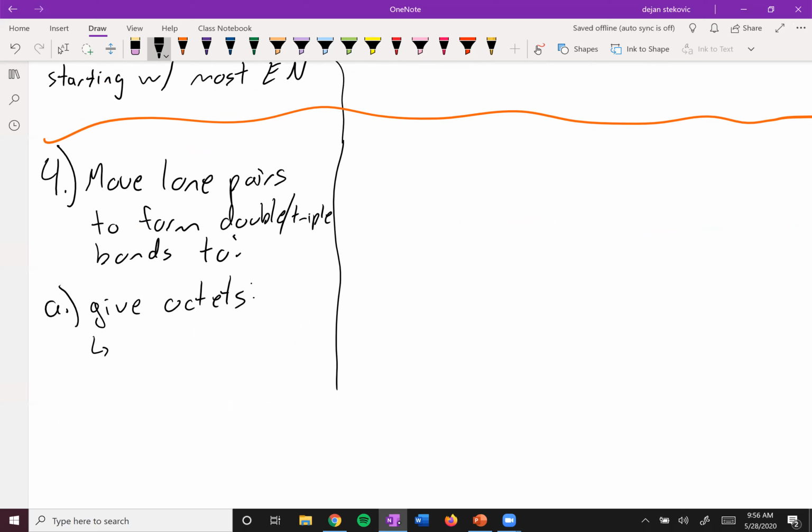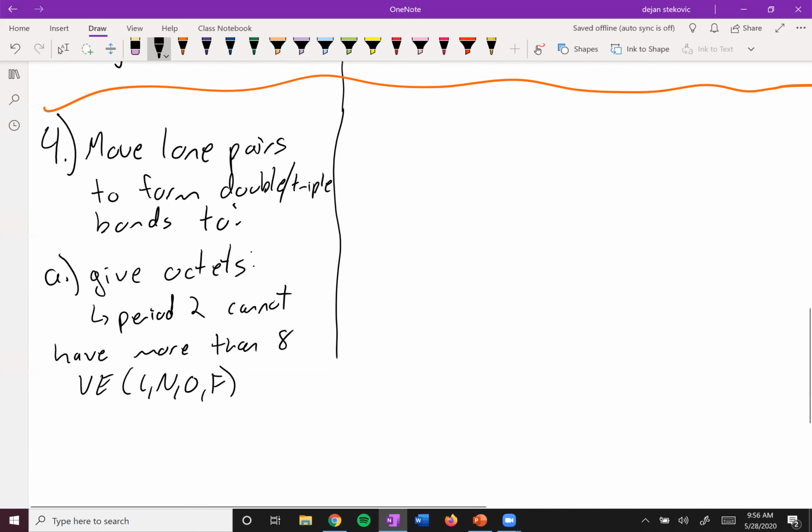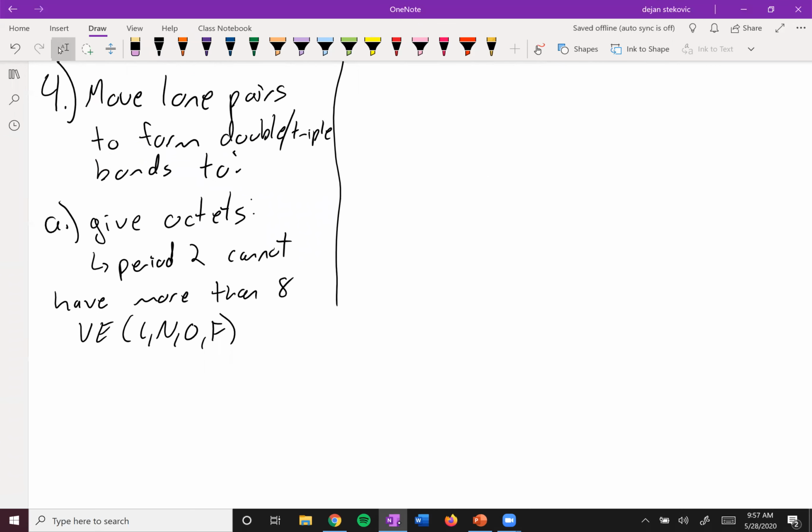Remember that group 2, period 2 cannot have more than 8 valence electrons. So that's carbon, nitrogen, oxygen, and fluorine, right? They can never have more than 8 valence electrons. Remember that beryllium only wants 4 valence electrons or 2 bonds.